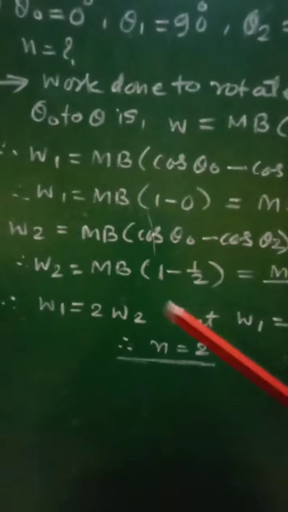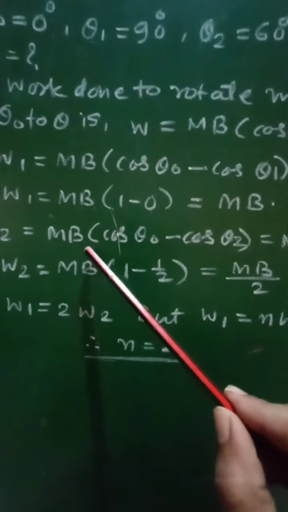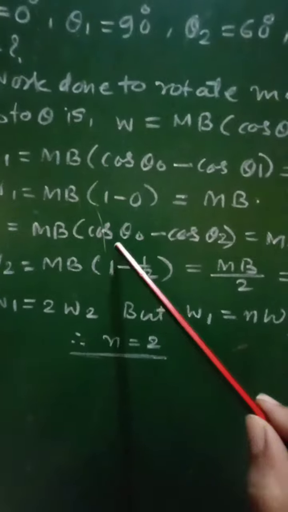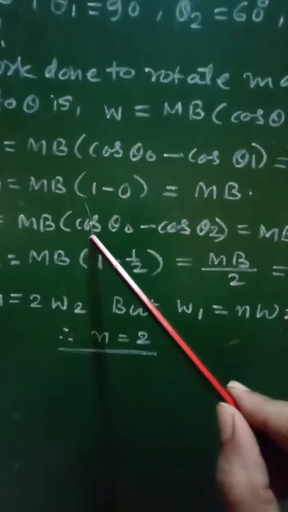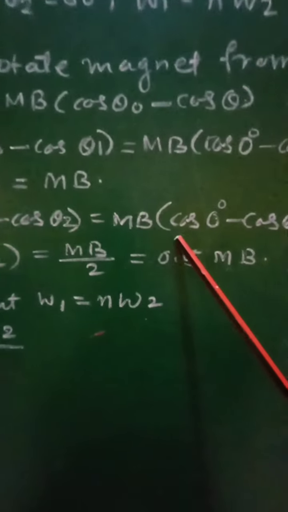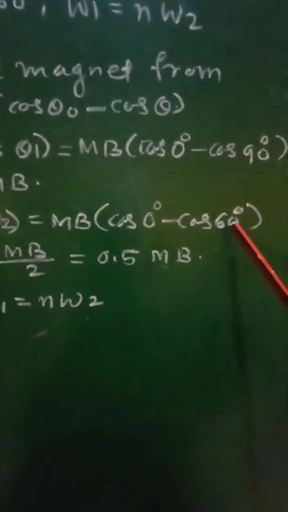Now the second work done, W2, in order to rotate that magnet from 0 to 60 degree will be mb into cos theta 0 minus cos theta 2, which will be equal to mb into cos 0 degree minus cos 60 degree.